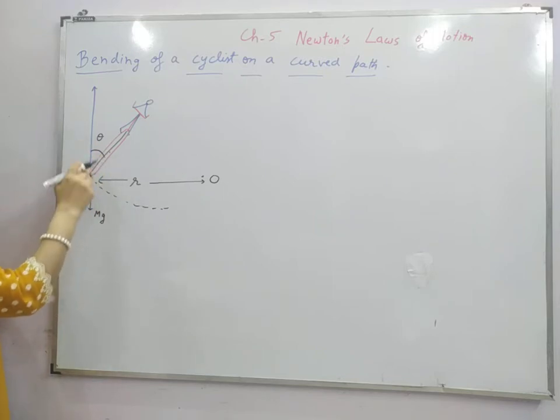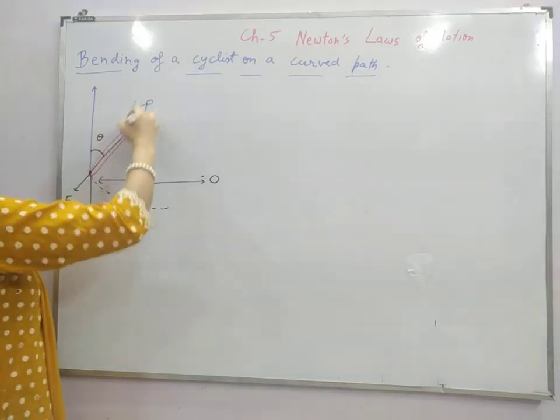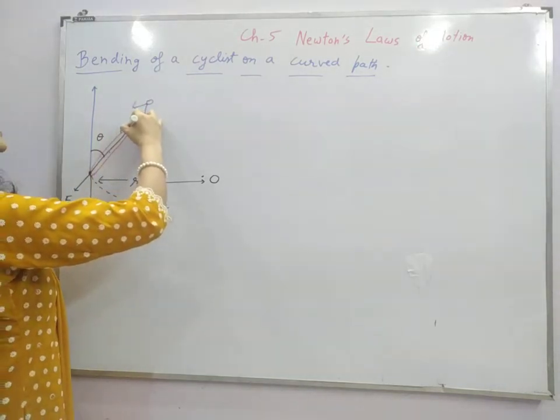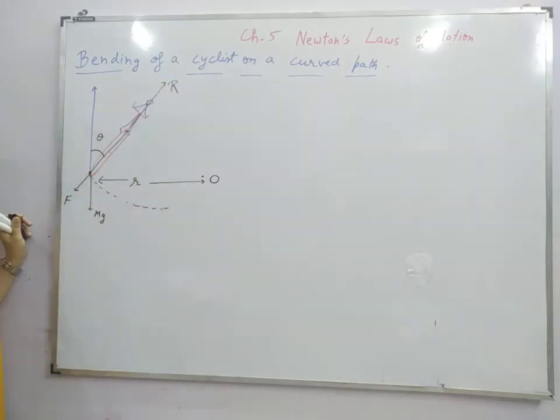When he is taking a turn, he is applying an oblique force on the ground. As a result, there will be a normal reaction force acting on the cycle by the ground.